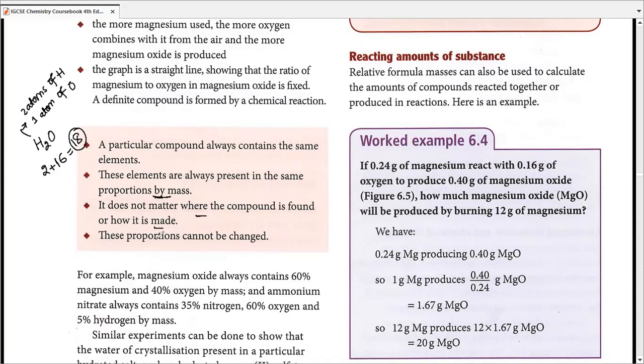It really does not matter whether you form the same compound, water, in Saudi Arabia or in Pakistan or some other part of the world, or whether it was made by a simple reaction, by electrolysis, or by any other random process. And these proportions cannot be changed.